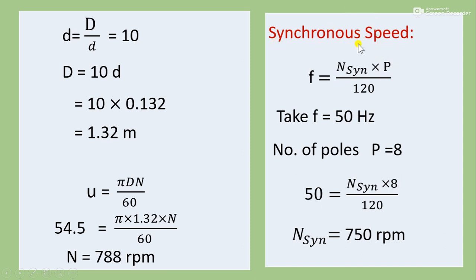Synchronous speed is given by the formula frequency is equal to synchronous speed into number of poles, P, divided by 120. Frequency is normally taken as 50 Hz, and number of poles if not given, assume 8 to 10; here we take 8. Putting values here we get synchronous speed in RPM.